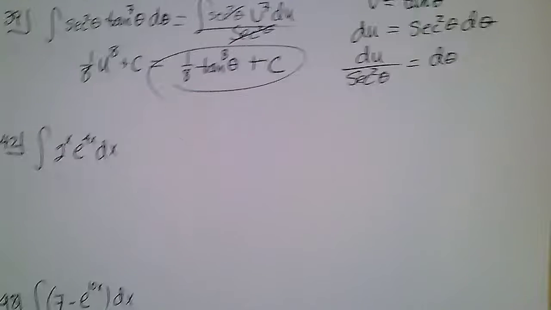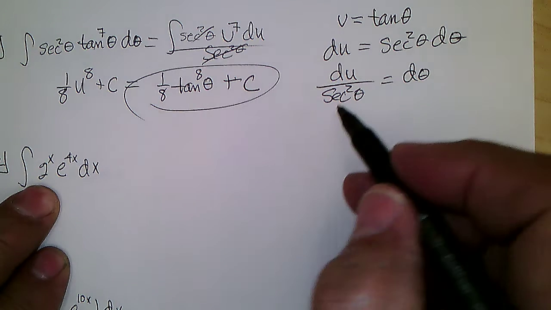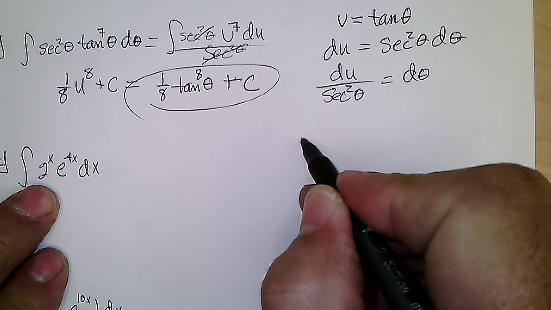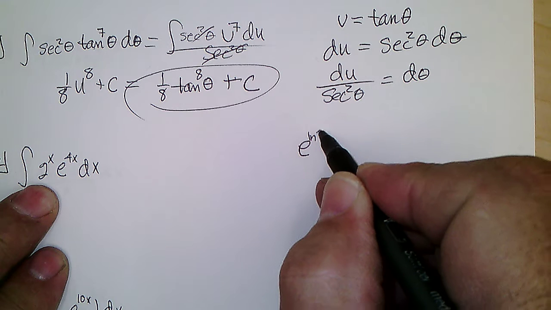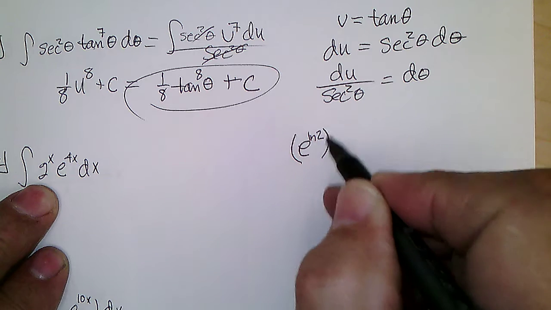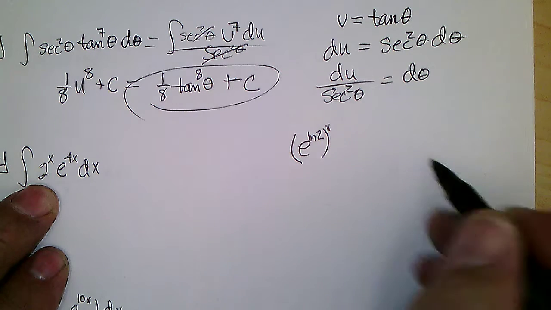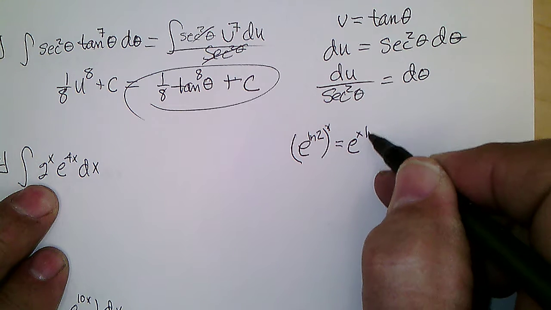Okay, the next one. This one's a little trickier. So 2 is e to the ln 2. That's 2 to the x, which is e to the x ln 2.